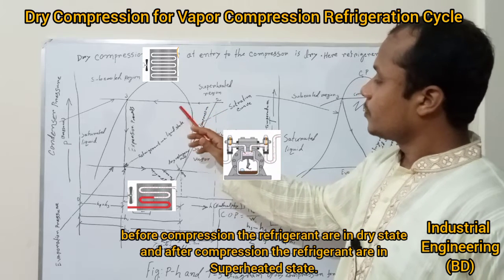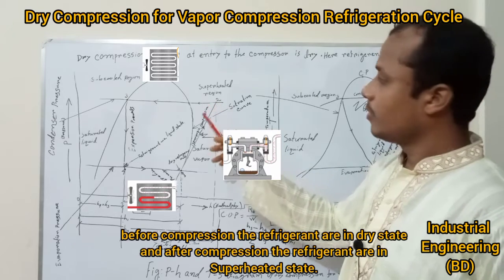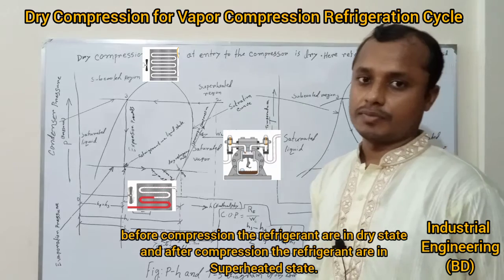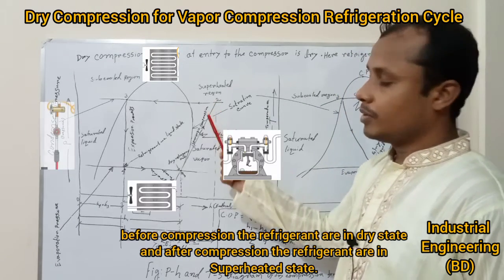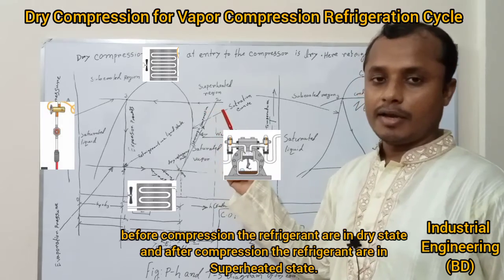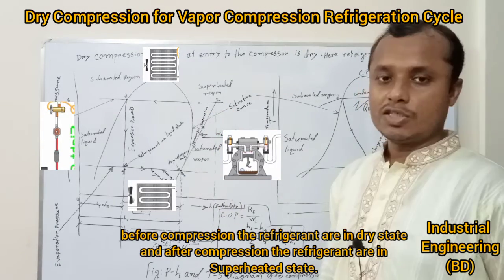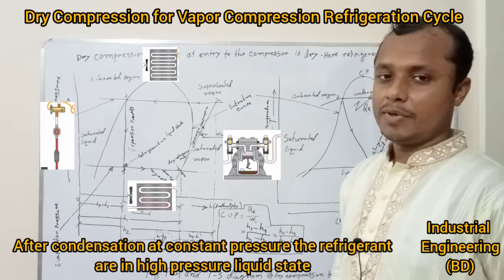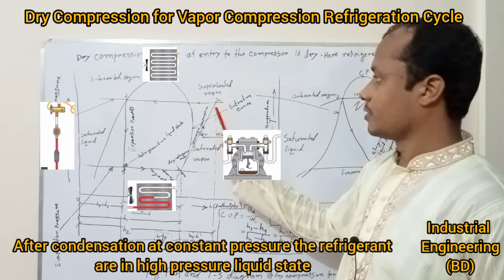Now the condensation process starts from this point 2. This condensation process is at constant pressure. Before condensation, the refrigerant is in high pressure vapor state.